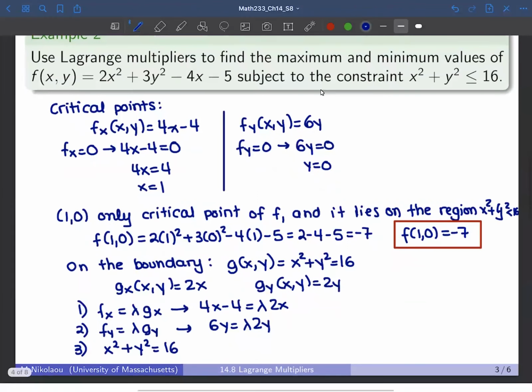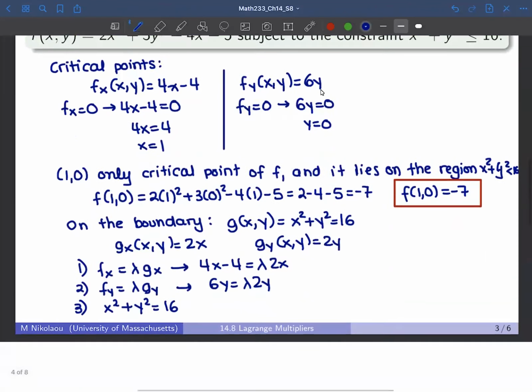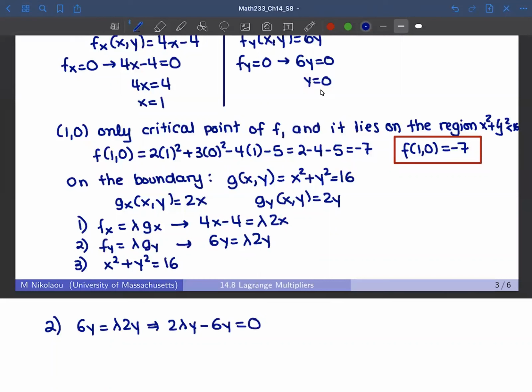Now, let's start from the second equation to see what we can find. First of all, we have that 6y equals lambda times 2y, and that means that 2 lambda y - 6y is equal to 0.